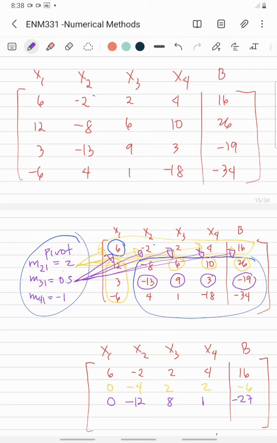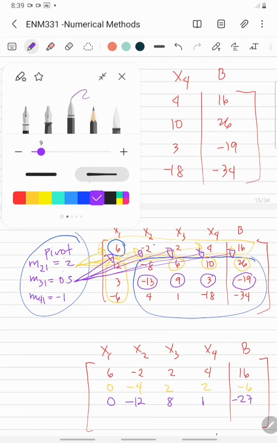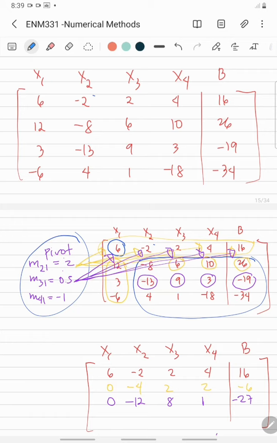Okay, so for the fourth row, we have negative 6 minus negative 1 times 6, that is equal to 0.